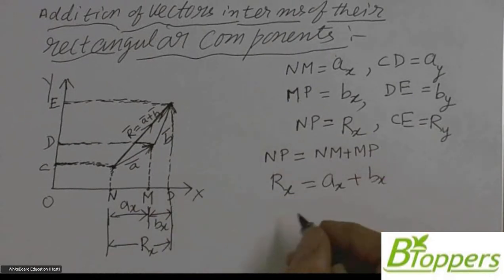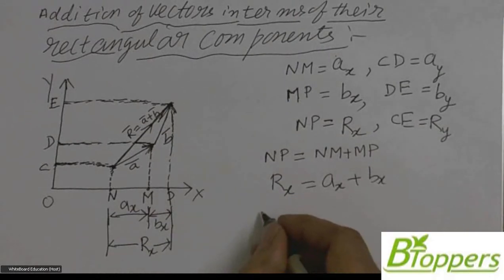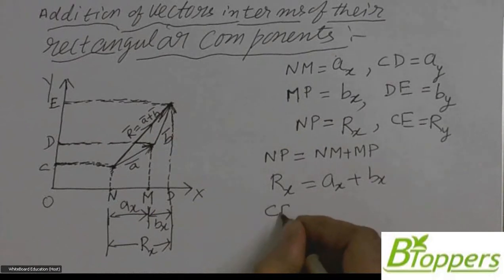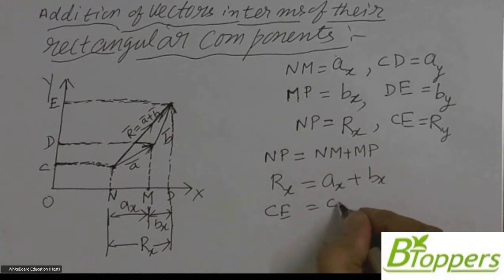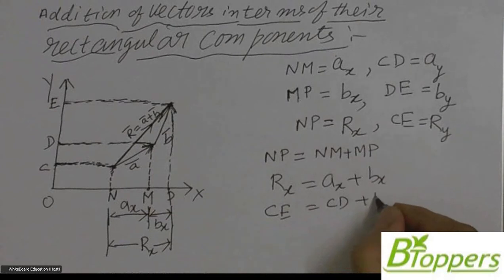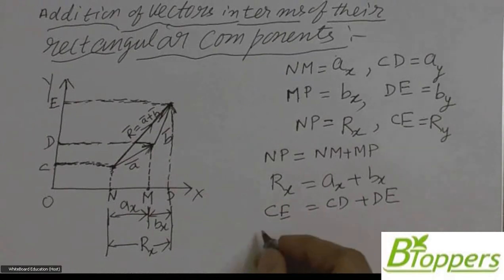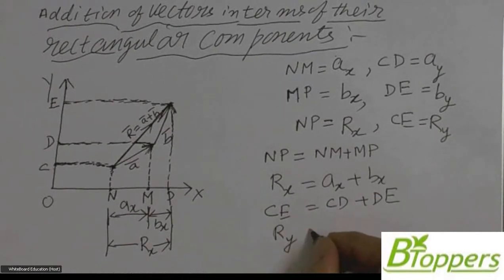The same way, you can write the length of the line CE equal to CD plus DE. The length of the line CE gives you Ry, that is the y component of the resultant vector. The length of the line CD gives you Ay, and the length of the line DE gives you By.